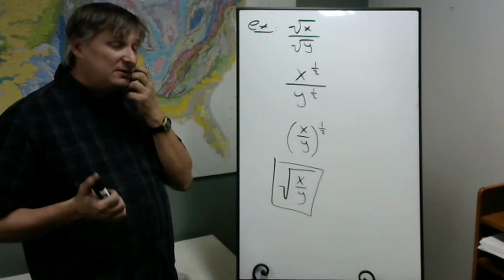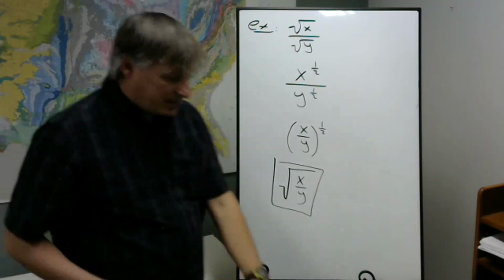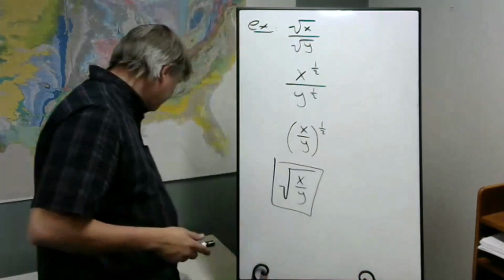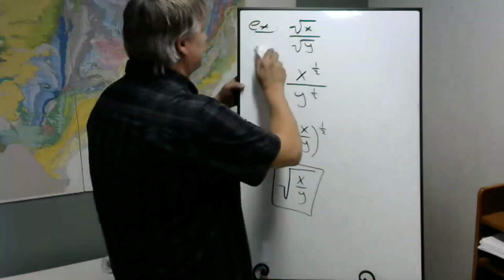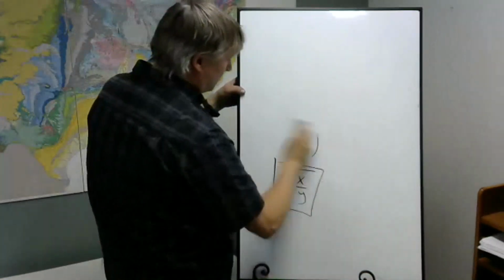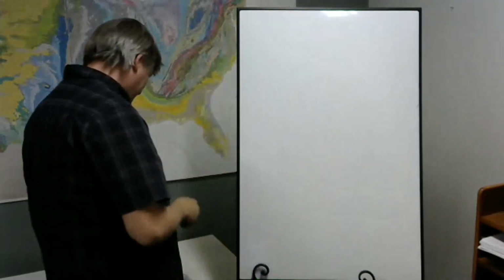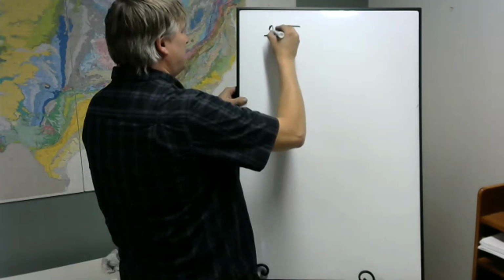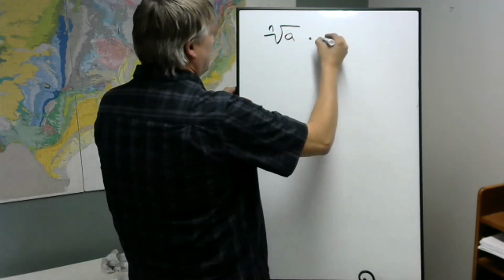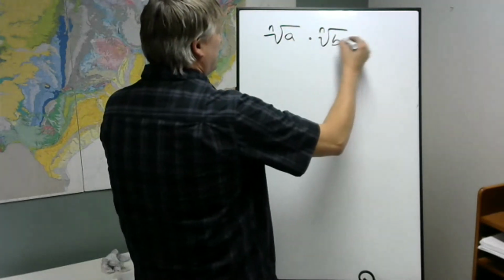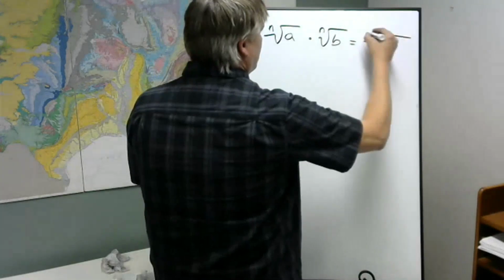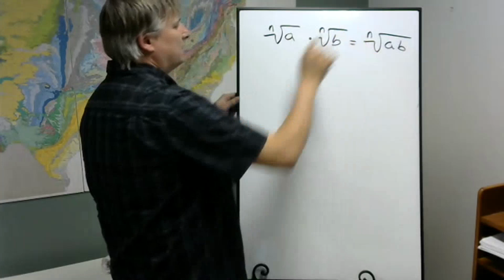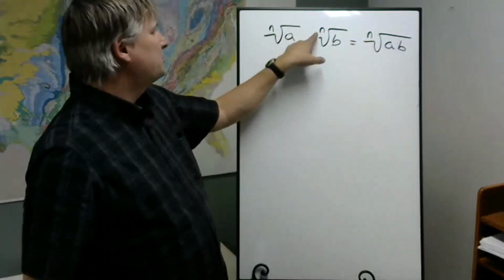So what you can do is you can use this, and let's see, we'll get to this in the next section. But in general, what you're going to get is the nth root of a times the nth root of b will be the nth root of a times b, provided that the roots match.